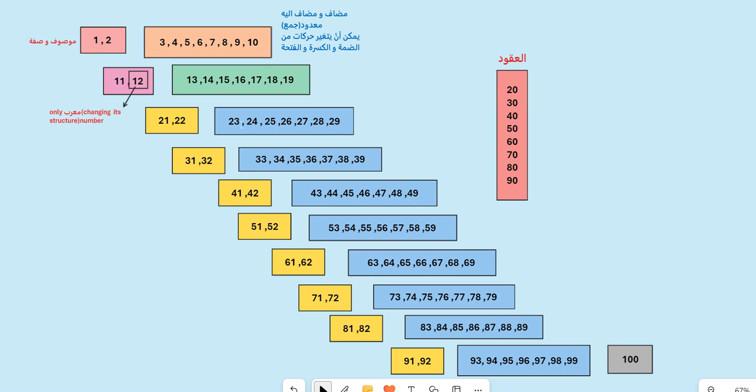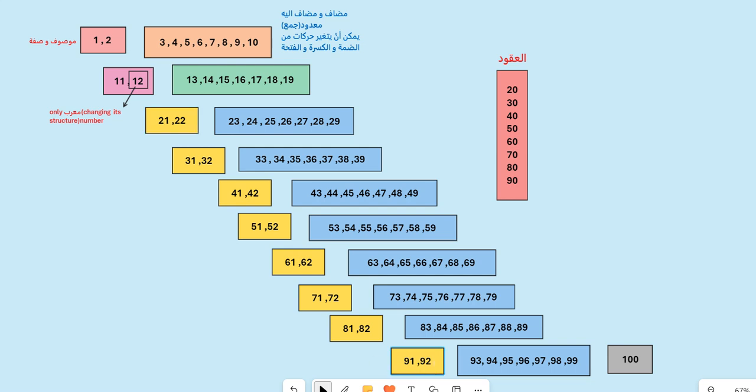Before that, let's go through 21 and 22. I'm not going into the rules, just to make it a bit easier to understand the rules for 21 and 22. As you can see, the first two numbers have a similar color, so that means the rules are the same from 21, 22 to 91 and 92.